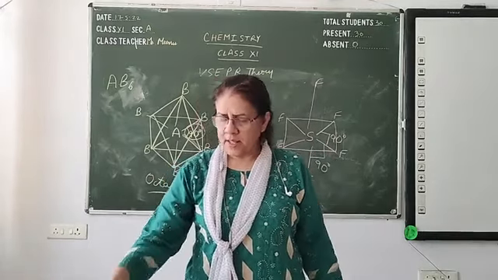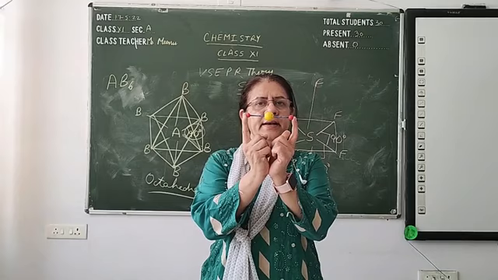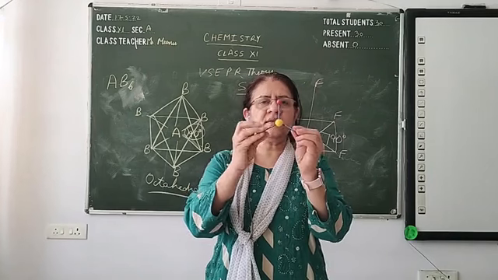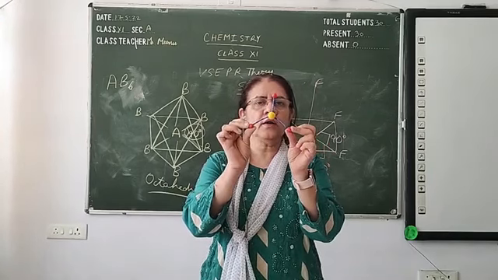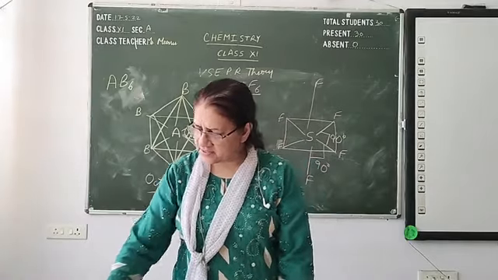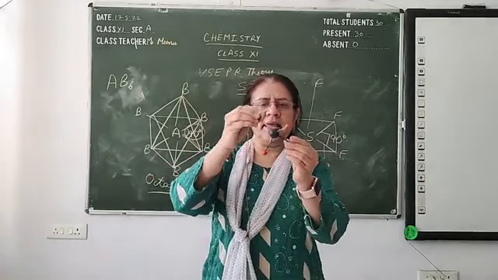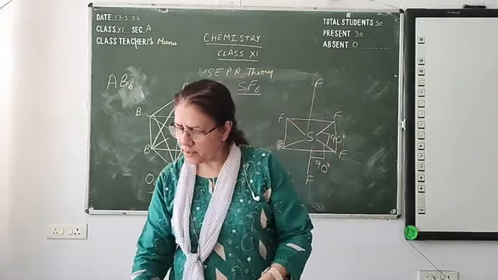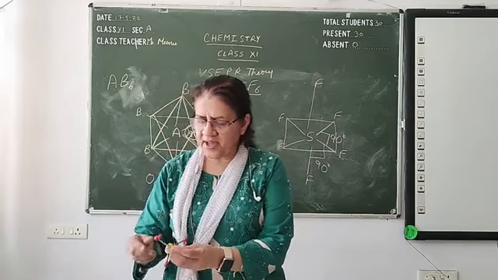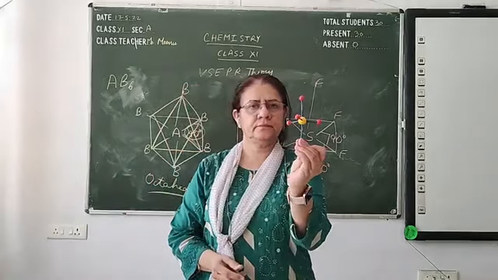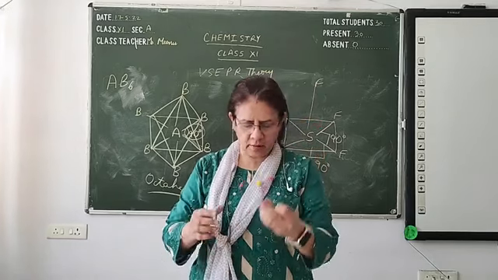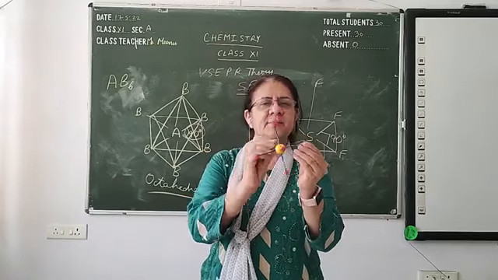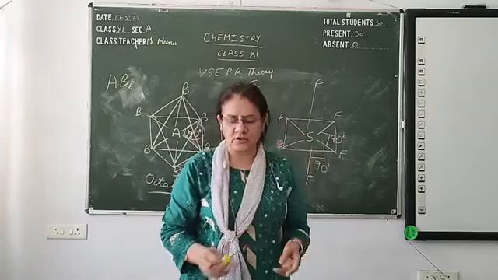First of all, AB2 linear, next is AB3 trigonal planar, next is AB4 tetrahedral, next is AB5 trigonal bipyramidal, and the last shape that we have studied today is AB6, which is called as octahedral.